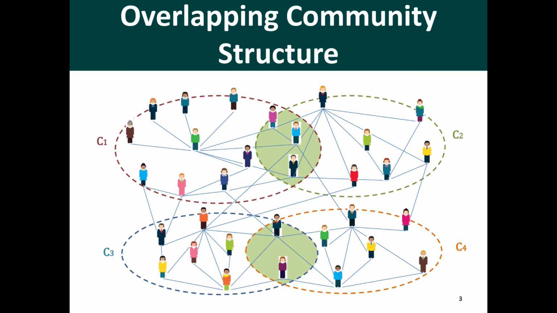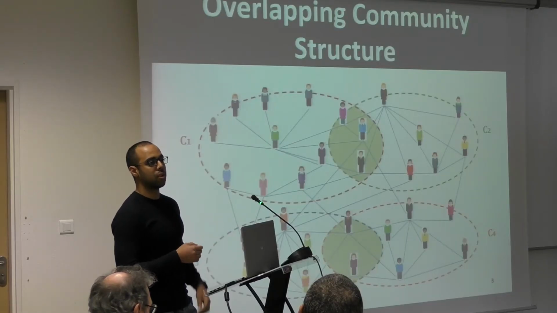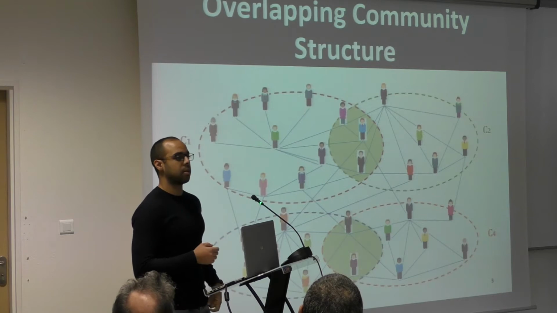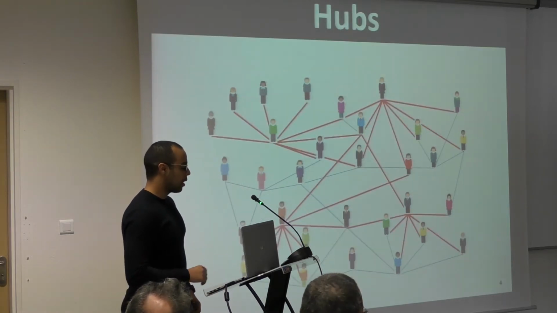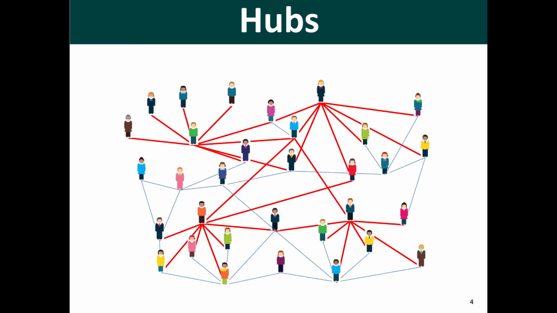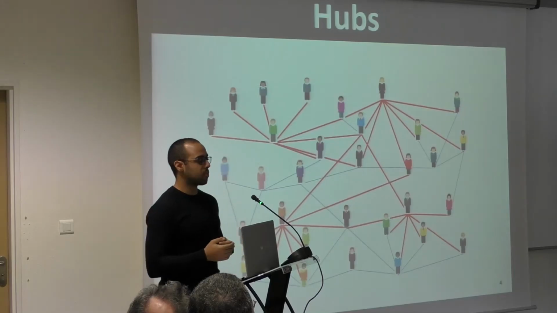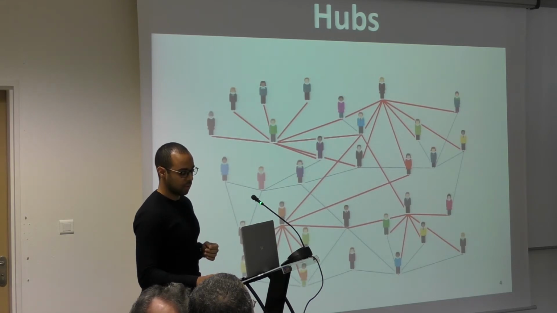For instance, in a social network, individuals can belong to multiple groups, such as family and work and so on. Real-world networks are also known to exhibit a heavy-tail degree distribution, where the majority of nodes have few links, and some nodes have a large number of interactions, and these nodes are called the hubs.